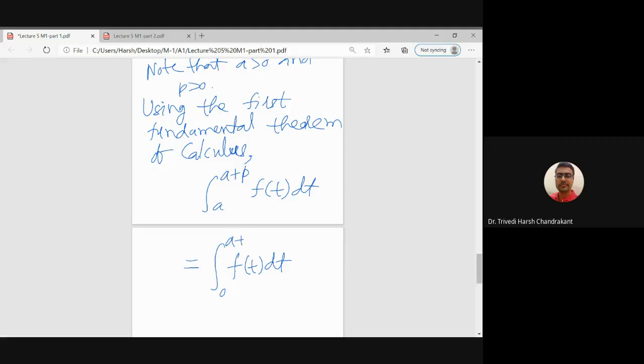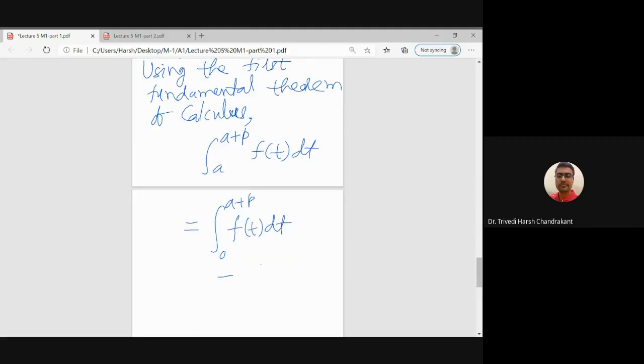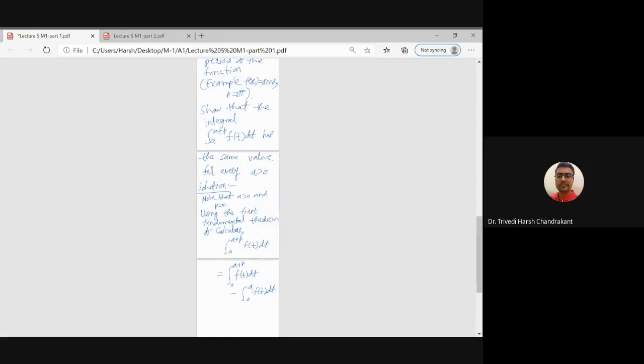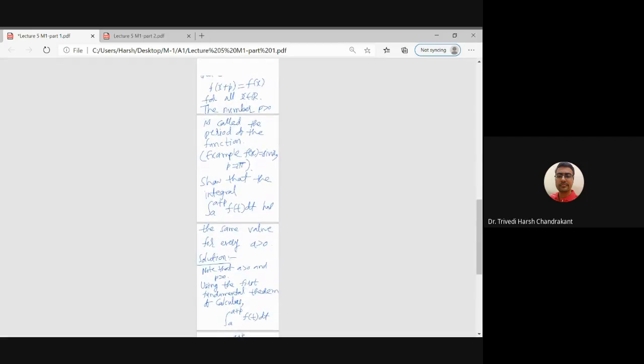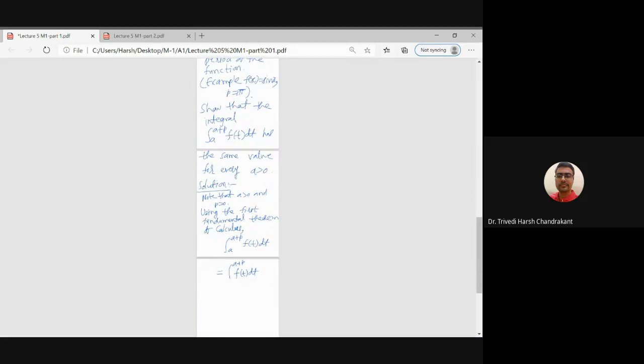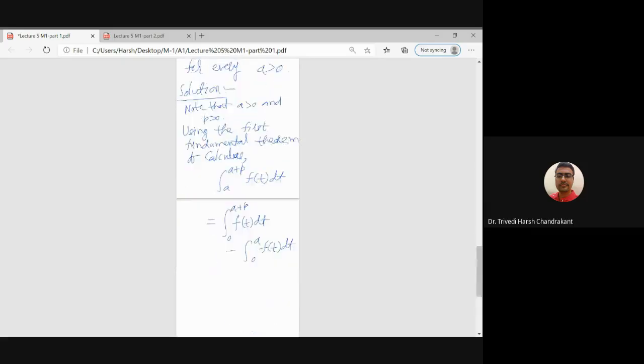First part is 0 to a plus p, and we can subtract the integral 0 to a f(t) dt, right? We can divide this area into two parts because f is defined over the whole real line. F is a function from R to R, and it is continuous also.